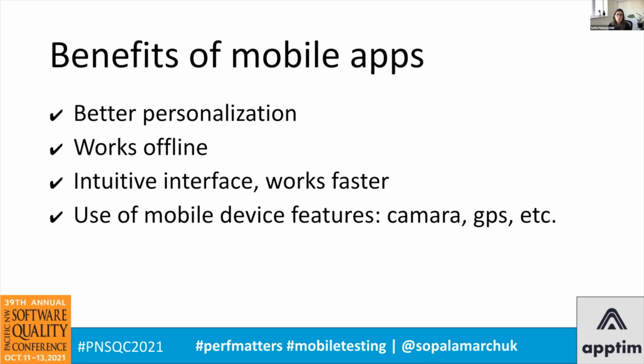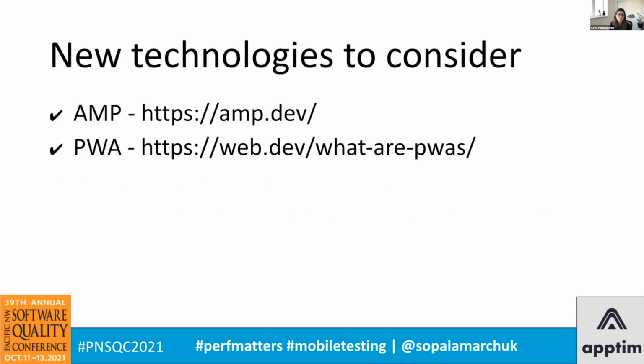You can use gestures. You can provide more intuitive interfaces. You can use mobile device features such as the camera, the contact list, GPS, phone calls. So it brings more power to the developer as well. And if it is properly developed, it should work faster than a website.